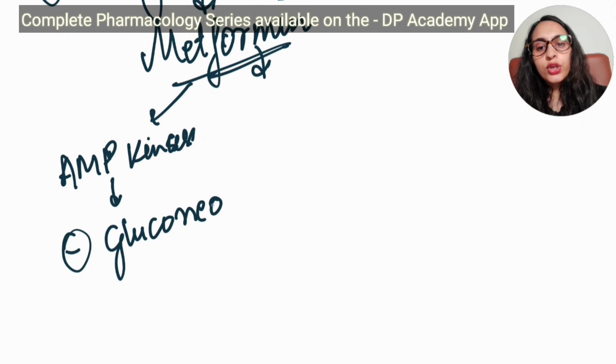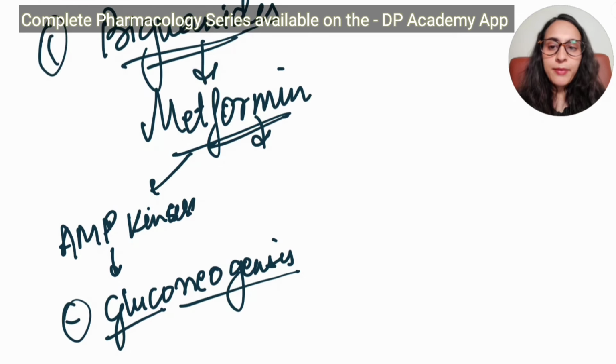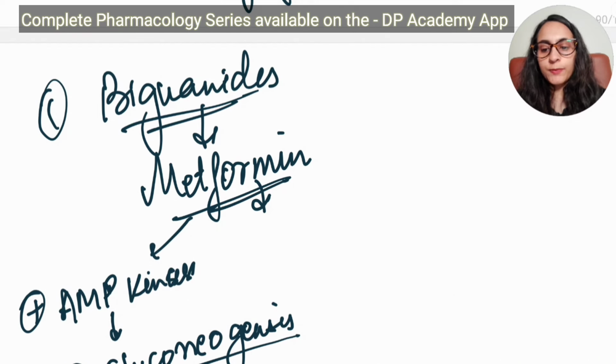Gluconeogenesis, as we have studied in biochemistry, means formation of glucose. In gluconeogenesis, glucose is formed, and if you inhibit the further formation of glucose, then we can control diabetes. So one function is inhibiting gluconeogenesis by stimulating AMP kinase and reducing hepatic glucose output.